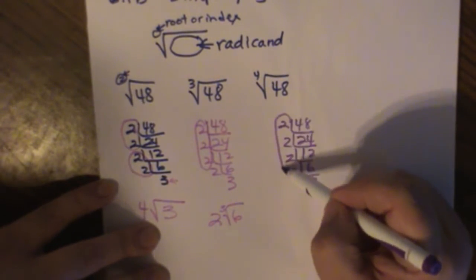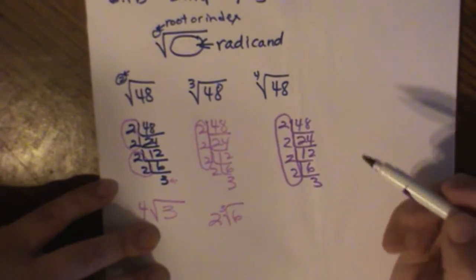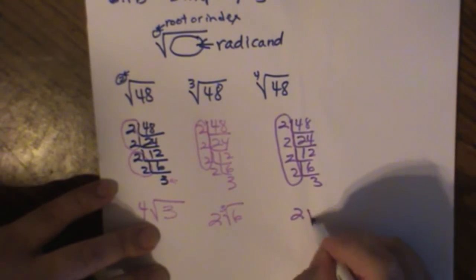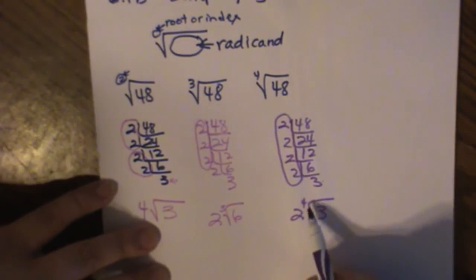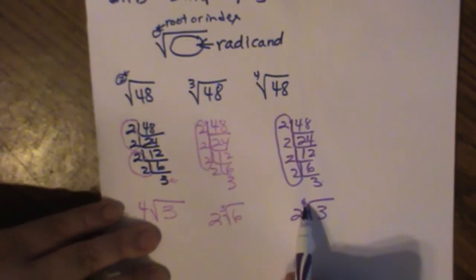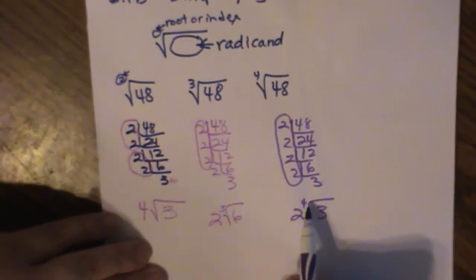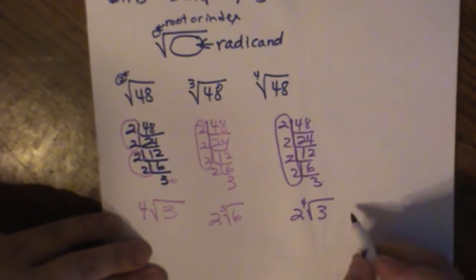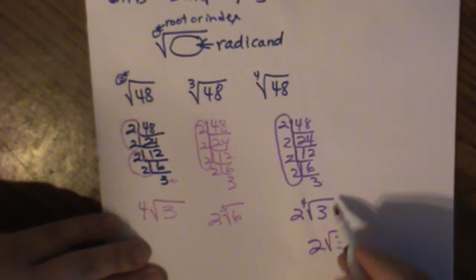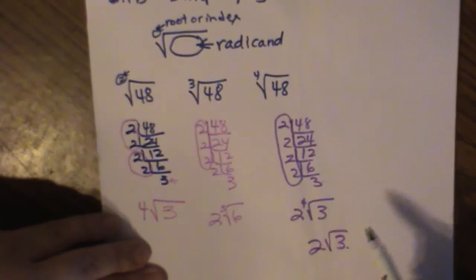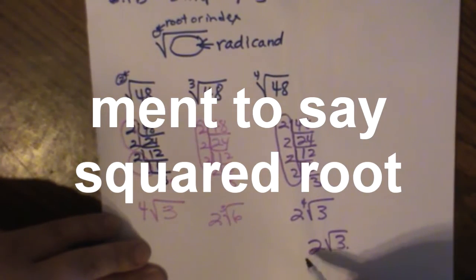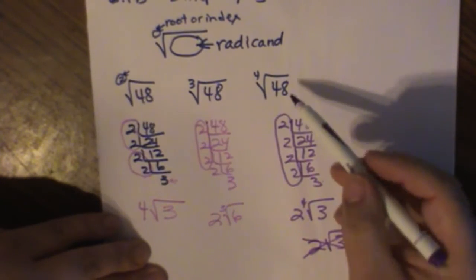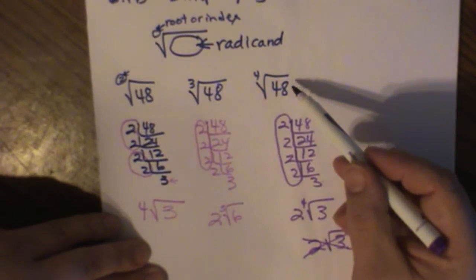So if you circle, we have 4 2's that can come out, but we have a 3 that's on the inside. Don't forget to put your root where it belongs and not lose that, because we can't just go from this to this, because they mean totally different things. This is the fourth root, this is the cube root. This one here would be wrong if we were trying to find the fourth root of 48.